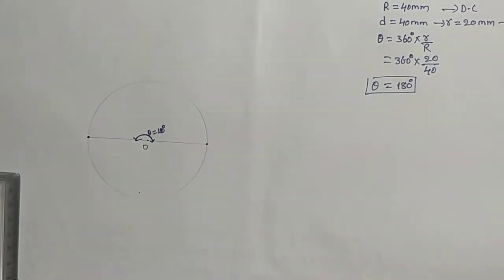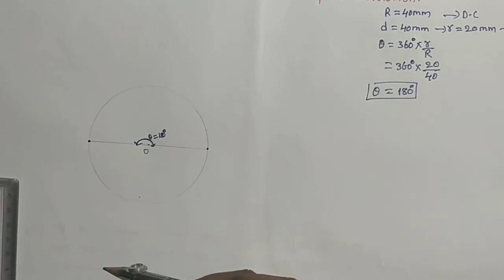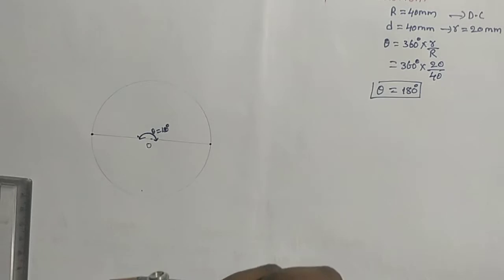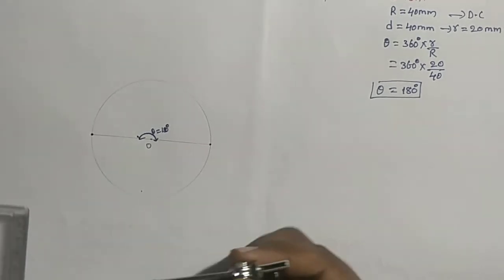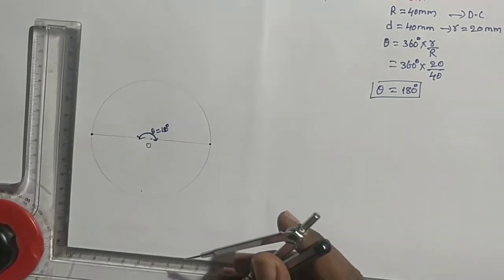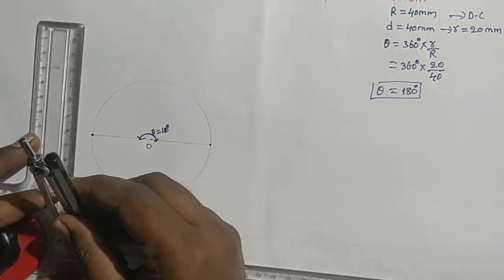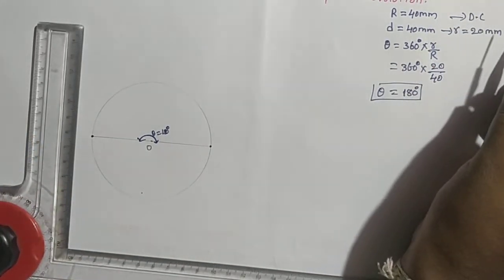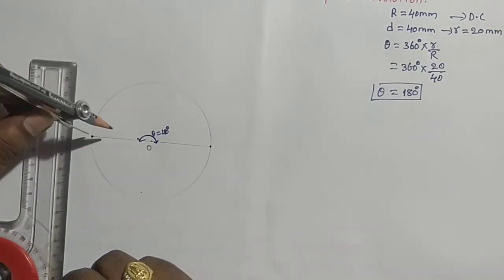The circle will rotate inside of the directing circle, so first we need to locate the center of the generating circle. The given radius of the generating circle is 20 mm.